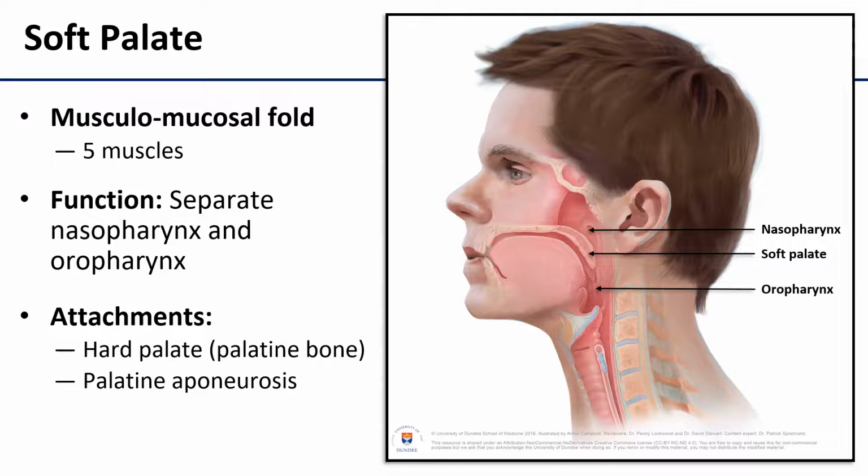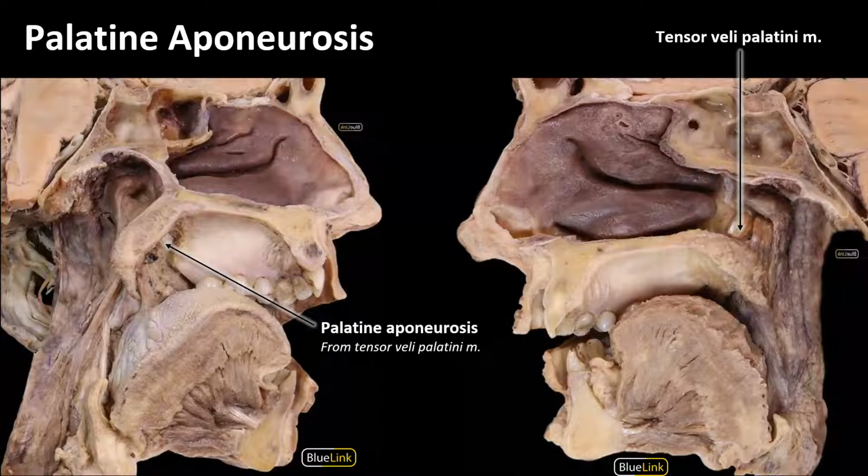The muscles that make up the soft palate attach to that hard palate, but they also have an additional supporting attachment structure called the palatine aponeurosis. Now remember that an aponeurosis is a muscle tendon that is broad and flat. The palatine aponeurosis is the tendon of the muscle tensor veli palatini.